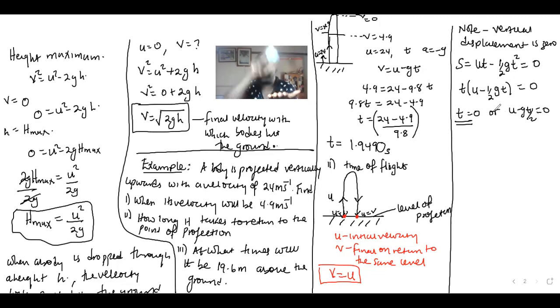When it leaves and it goes and it comes back, that time is accounted for in this second bracket. So when the particle leaves and comes back, T cannot be 0 because you've seen it leave and it has taken some time going and coming back. Therefore, U minus a half GT is actually 0.